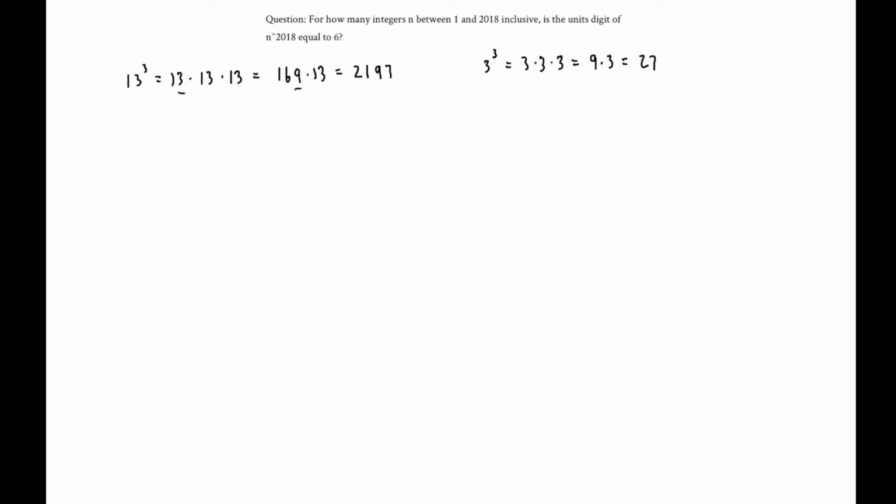Notice how the units digit remains the same, despite both numbers having different digits in the front. In this case, 13 has a tens digit, while 3 does not, and yet they still have the same units digit. This leads to a critical observation.